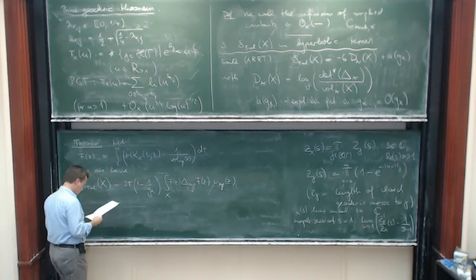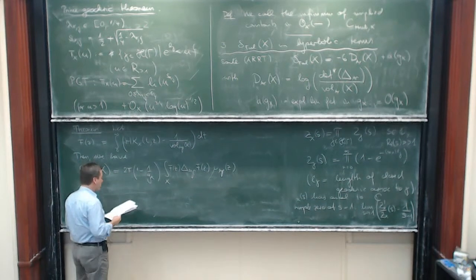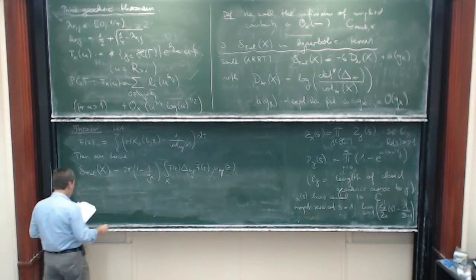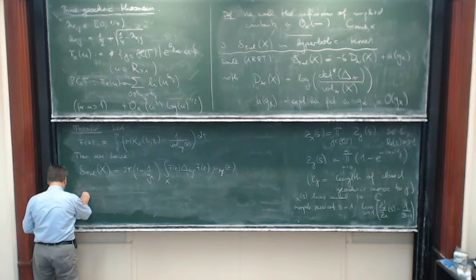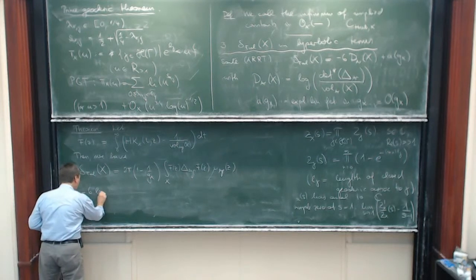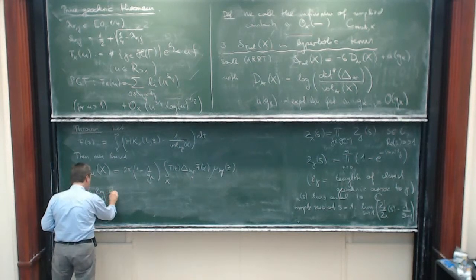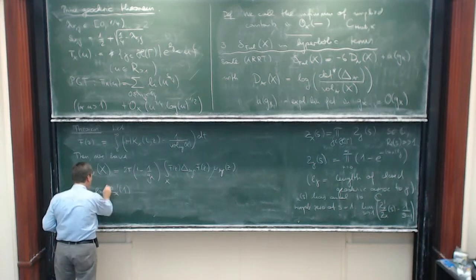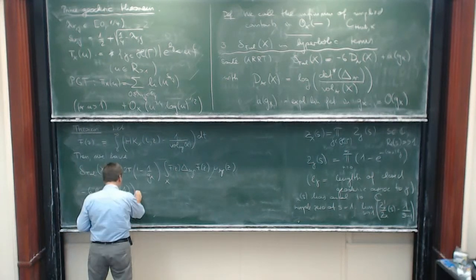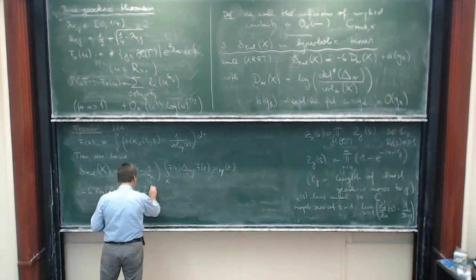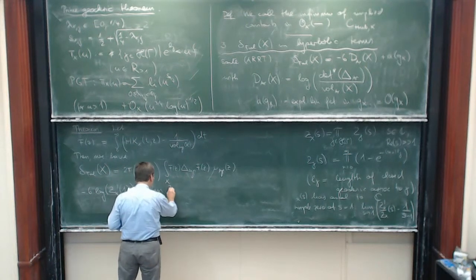So that's the first summand, and then there are 2 other summands. So I just continue here. Minus 6 times the log derivative of the Selberg zeta at 1, plus 2 times this limit I mentioned, the log derivative of the Selberg zeta at 1, I mean the constant term.